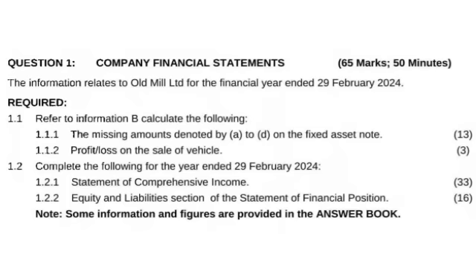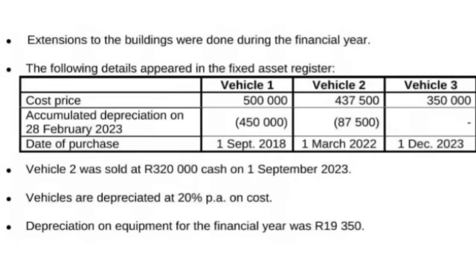Then in 1.1.2, we are calculating profit or loss on the sale of vehicles. So we know that, again, vehicle 2 was the one that was sold, so we need its profit or loss. For profit or loss, we need to know how much it was sold for and how much our carrying value for this vehicle was. As to how much it was sold for, right under the table they tell us that vehicle 2 was sold for 320,000 cash on 1 September 2023. So we know it was sold for 320.